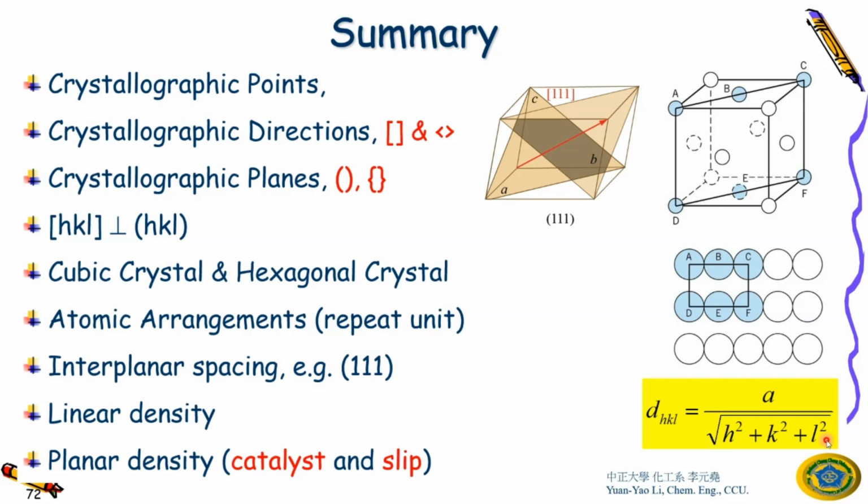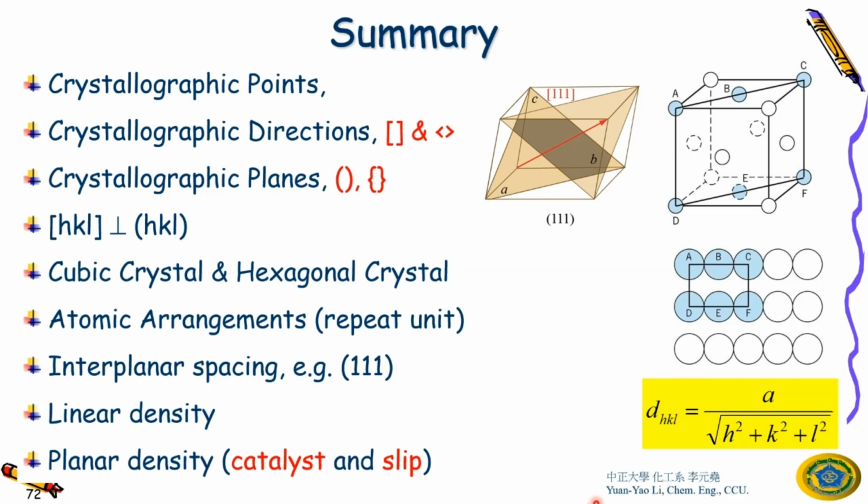And then later on, we introduced linear density and planar density. Especially, we want to know the linear density and planar density because they are closely related to the properties of the material. For example, if you have a higher planar density on the surface of your material, and we regard each atom as acting like a catalyst, then you will have a lot of catalysts on the surface. That means you can have faster reaction and more reactions on the surface.